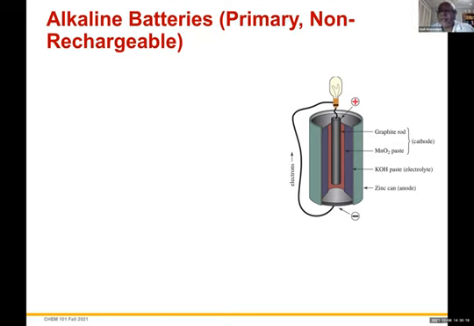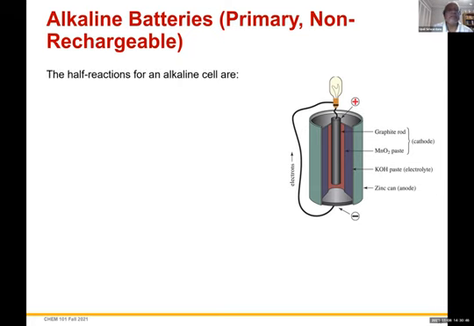The graphite rod is the black one. Manganese dioxide is the pink or red-brown material around the carbon rod. Then the KOH paste, which is purple, and the zinc.